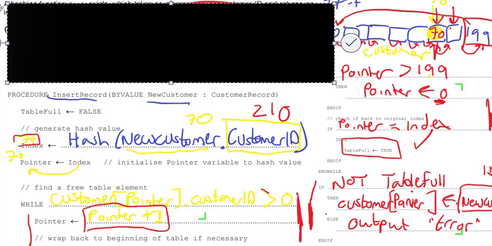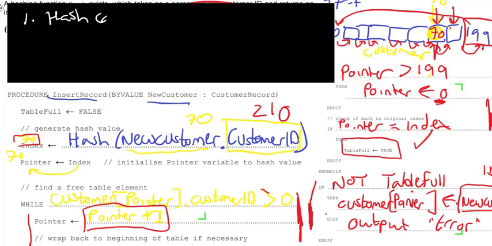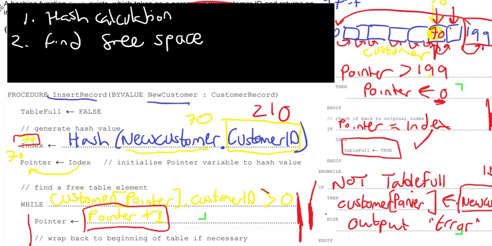There we go. So, step 1, when we're inserting, hash calculation. It might be done for you, or you might be expected to do it yourself using the mod. That is step 1. Step 2, after we've done a hash calculation, we want to find free space in table.